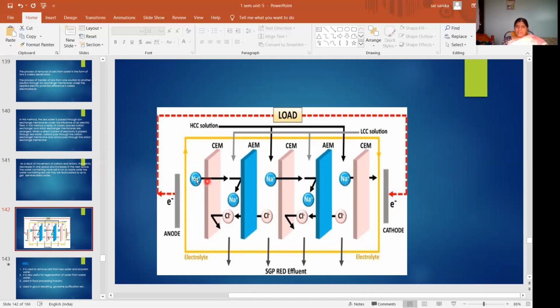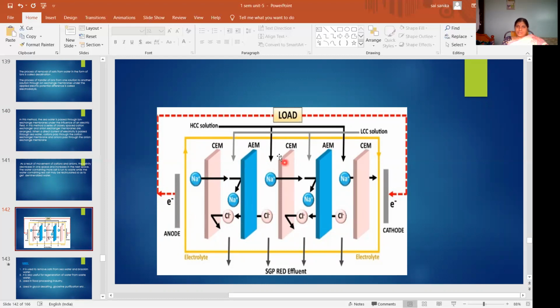Cations pass through the cation exchange membrane towards the cathode, and anions move to the anode through the anion exchange membranes. The cation exchange membrane is negatively charged and the anion exchange membrane is positively charged. That is why cations pass through the cation exchange membrane and anions pass through the anion exchange membrane.